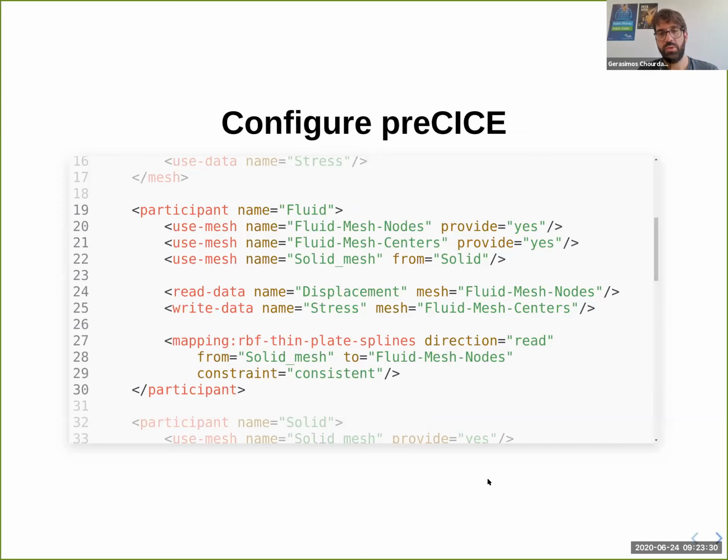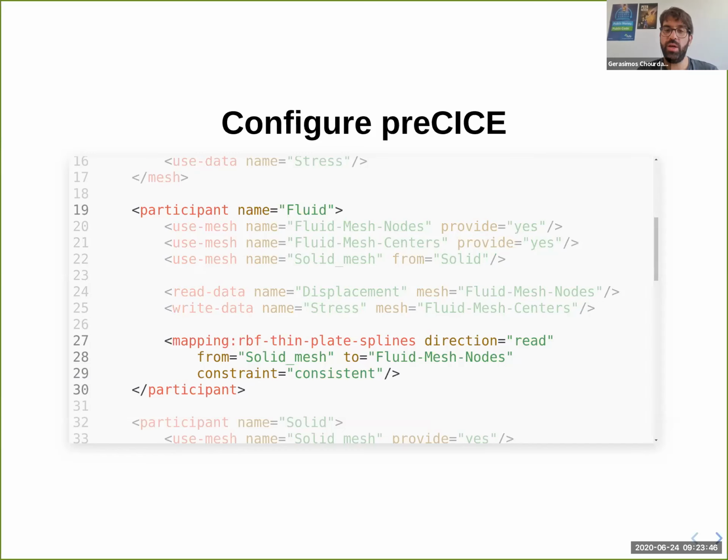Let's now configure preCICE. I will skip to the interesting parts. So we have the fluid, which reads displacements and writes stresses. But this time we have a more interesting second order mapping technique with radial basis functions, in particular thin plate splines.